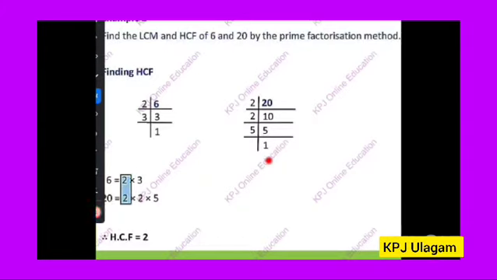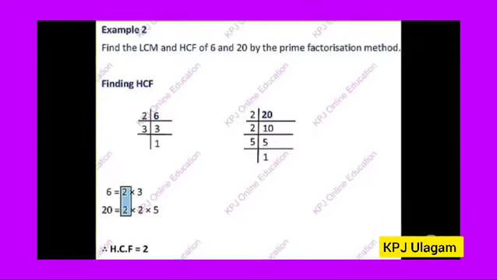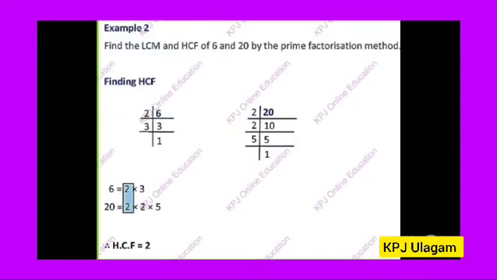So my factors for 6 are 2 into 3 and for 20 are 2 into 2 into 5. For HCF, I have to find the common value. Which is the common value for 6 and 20? 2 is my common value. So my HCF of the numbers 6 and 20 is 2.